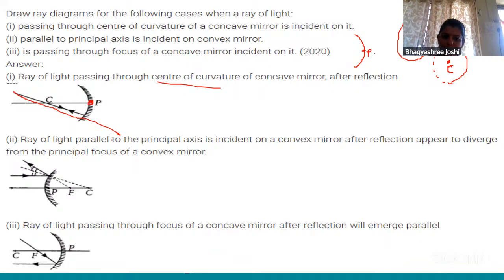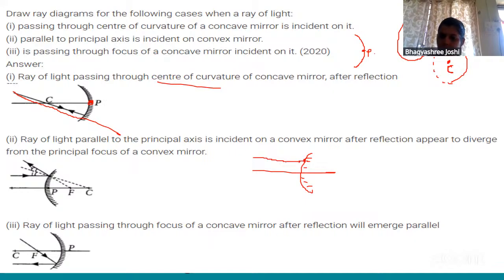A ray of light parallel to the principal axis is incident on the convex mirror. After reflection, it appears to diverge from the principal focus of the convex mirror. So this is the concave mirror and here we are taking the convex mirror. The convex mirror is like this, and this part is the reflecting surface, and here the light is parallel to the principal axis.